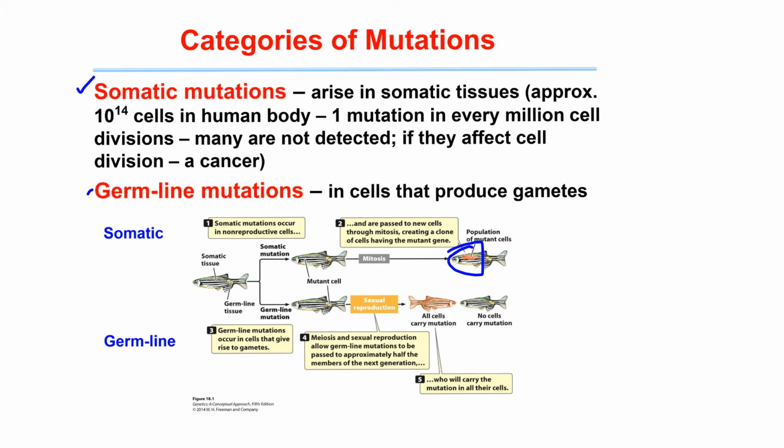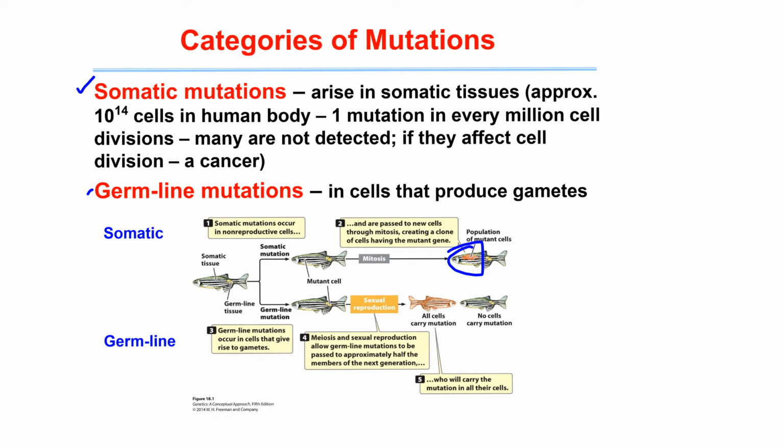It is estimated that our body is formed by approximately 10 to 14 cells, and in every million cell divisions one mutation usually may arise. Many of these are not detected, many are corrected by DNA repair mechanisms.